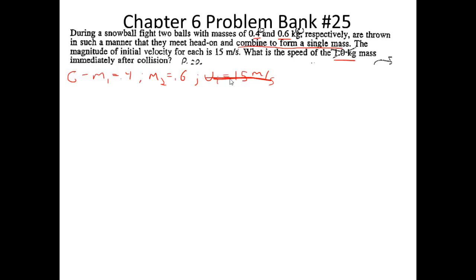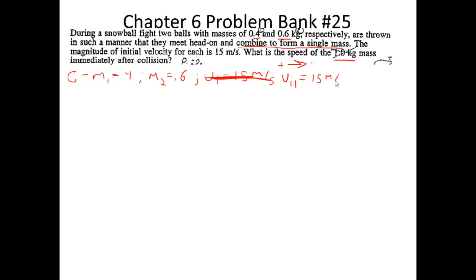So we'll call the first snowball our 0.4, and we'll say positive is going to the right. The initial velocity of the first snowball is equal to 15 meters per second.